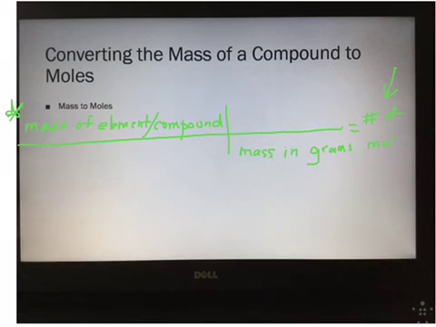Which means, if it's our molar mass conversion factor, if mass in grams is at the bottom, then 1 mole is going to go on the top. And if I do it that way, my mass is going to cancel, leaving me with moles, which is exactly what I wanted. Okay? So I'll give you an example problem.